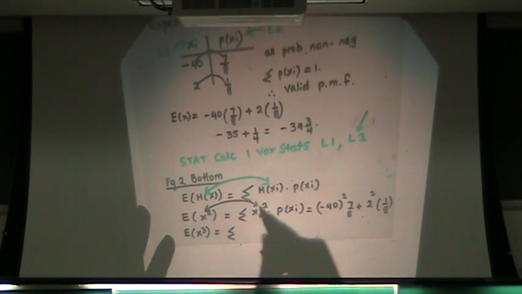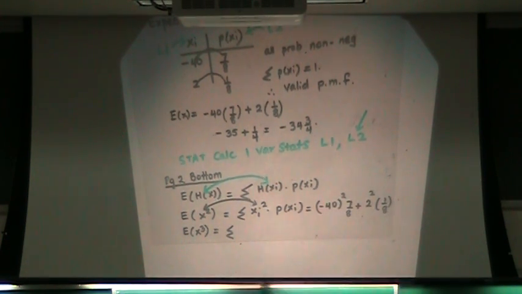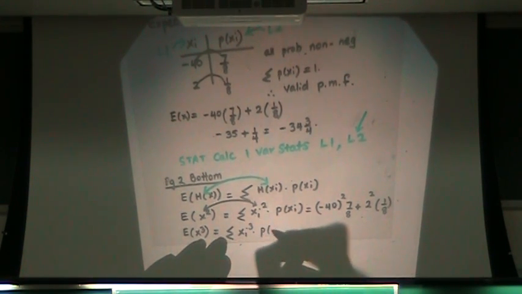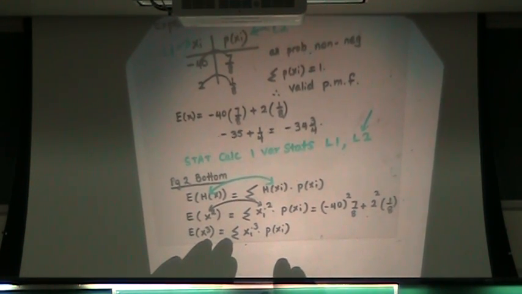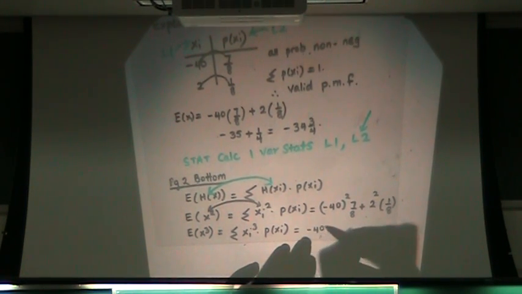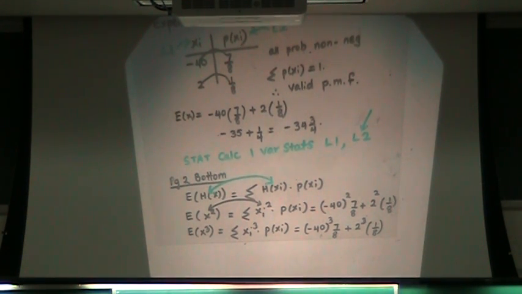Summation what? What would I say there? Xi cubed P of Xi. Notice that this remains probability of Xi, the original function, right? So let's cube it. Minus 40 cubed times 7/8 plus 2 cubed times 1/8. And then we would just clean that up, right? I'm not so much interested in the answer as the procedure. Follow?